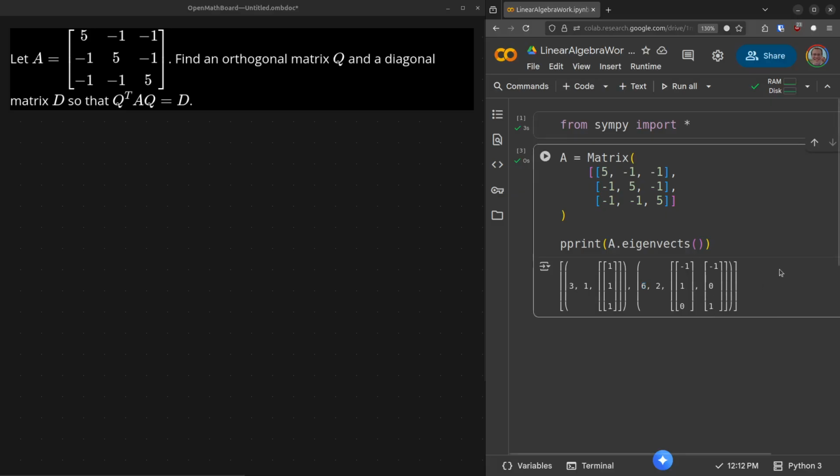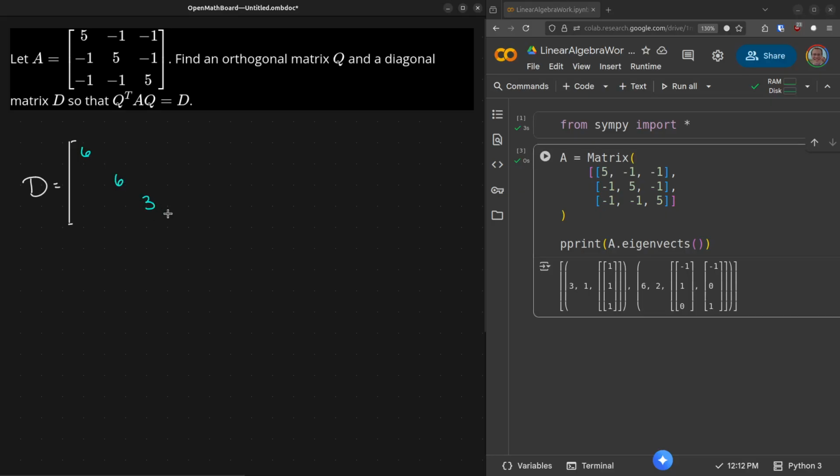All right. So first off, the diagonal matrix is easy enough. I just need the eigenvalues of matrix A. Doesn't matter what order they're in. I could do 3, 6, 6, or 6, 3, 6, or 6, 6, 3.